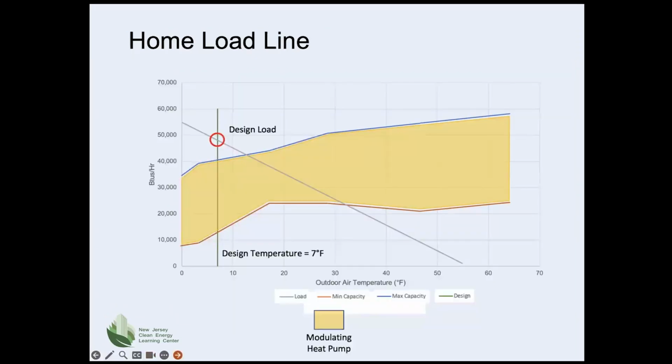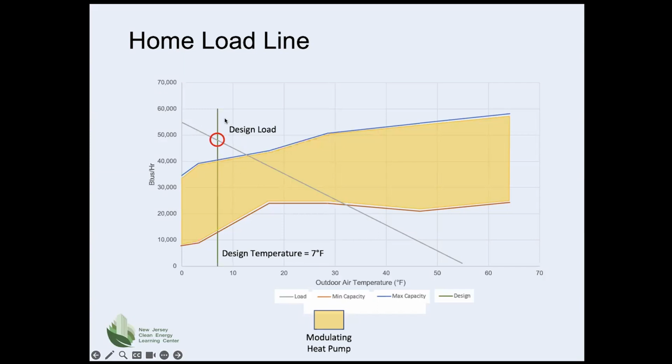This slide basically shows the same as the one previously shown for a 4-ton heat pump, but it shows the design condition here. And looking at the design temperature in this case, it's 7 degrees Fahrenheit. And that calculates out to a 48,000 BTU load. And the load design, as the temperature rises, you can see that the load goes down linearly here.